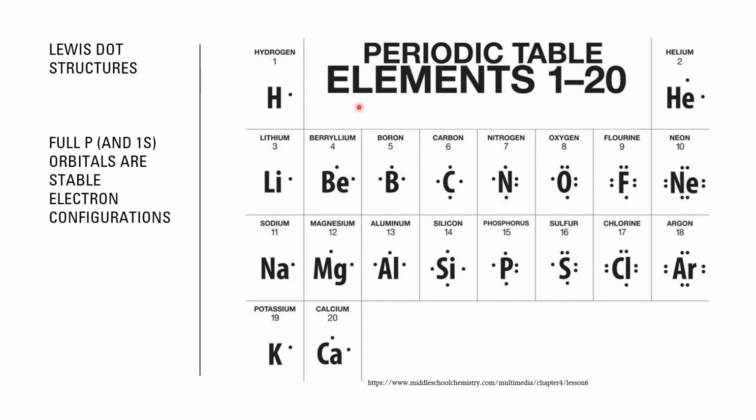But in general, in most cases, what we're looking at is for there to be a full set of s and p orbitals. So that counts up to 8 electrons. So again, generally speaking, if an atom has 8 electrons in its outermost orbitals, then it's said to have the most stable electron configuration.